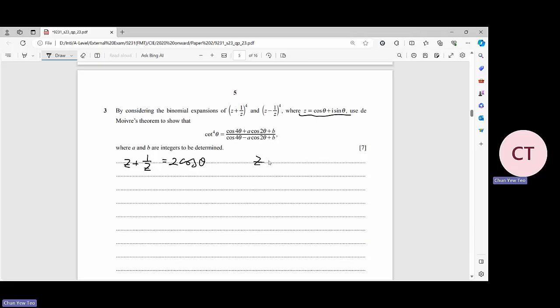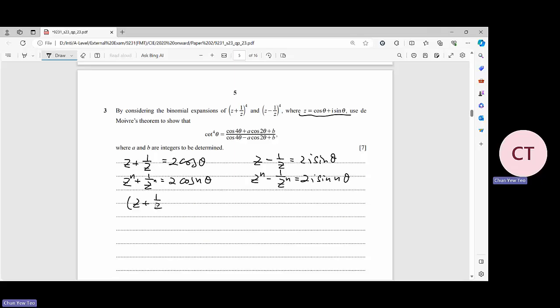Then z minus 1 over z will become 2i sine theta. And in general, you have 2 cos n theta. And in general, if you have z power n minus 1 over z power n, you get 2i sine n theta. So these are the things you need to list down first before you start solving these questions.